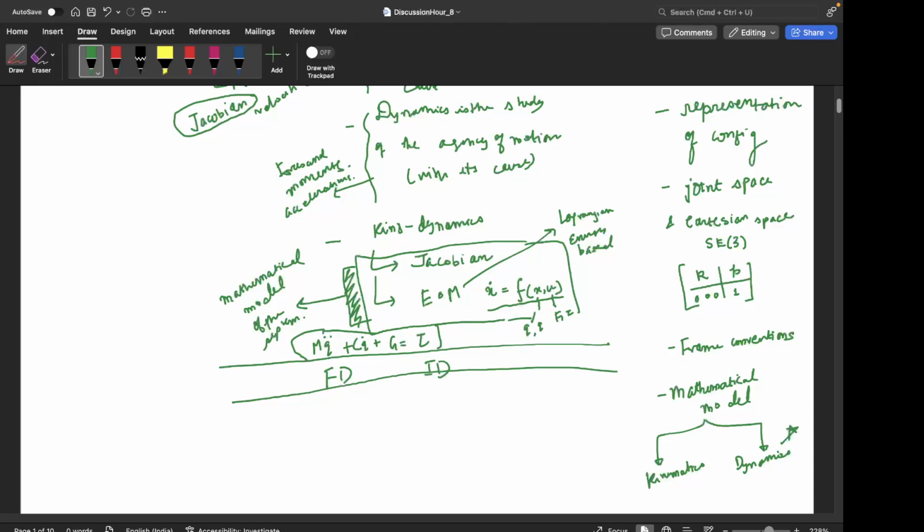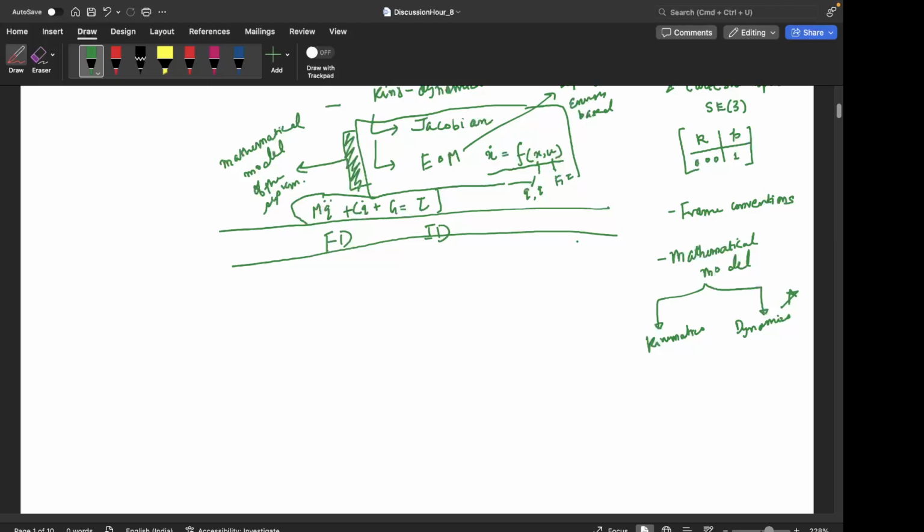So we saw that the Lagrangian is described as the difference of the kinetic energy and the potential energy of the system, and by using the Euler-Lagrange equation, we can find out the relation between the accelerations of the degrees of freedom and the forces along or about those degrees of freedom.